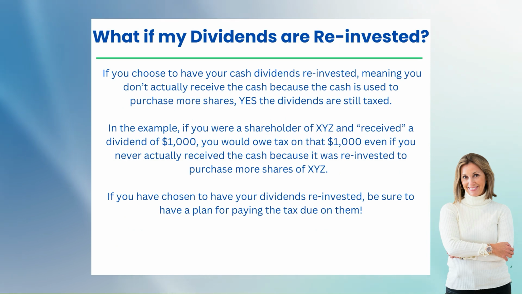So if you're after the dividends for money to live off of, then you wouldn't reinvest them. You would still owe tax on the dividends. If you're looking for ones that pay dividends to have money being reinvested, just make sure you have a plan to pay the tax due on those reinvested dividends. I hope this helped clarify tax you may owe on that 1099-DIV that shows up in your mailbox.